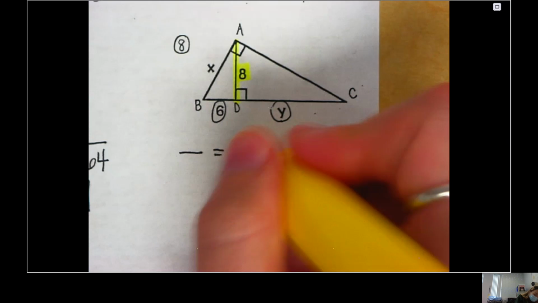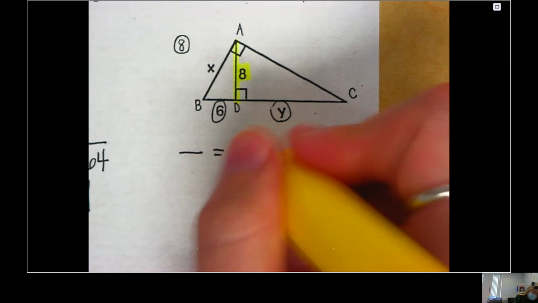So this piece and this piece should be your altitude. Notice that I always highlight like that still to this day to keep me in the right spot. So what would my equation look like? Beautiful. 6 over 8 and 8 over Y. Okay, and then it's some algebra.